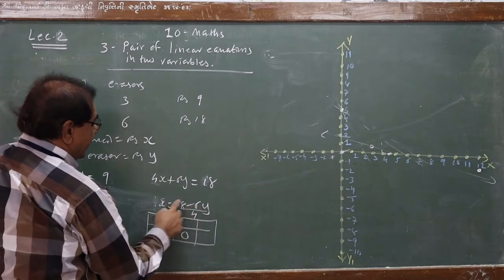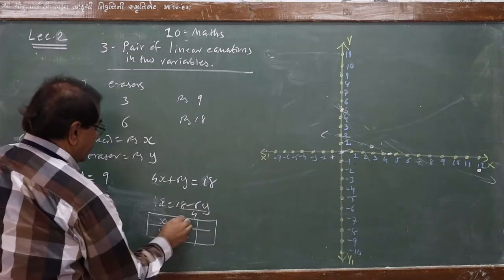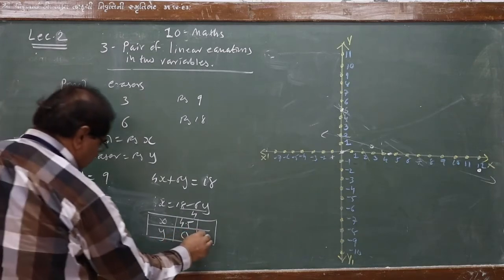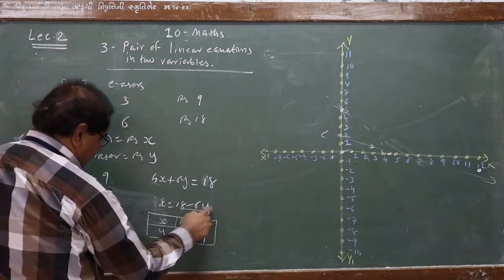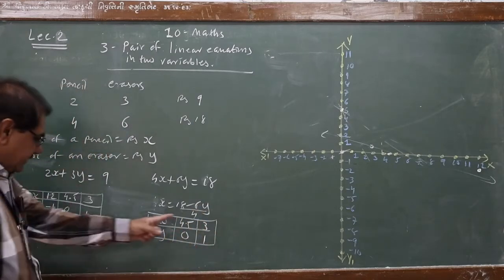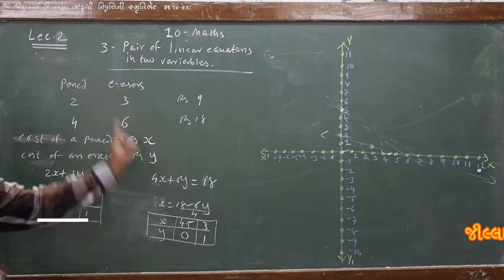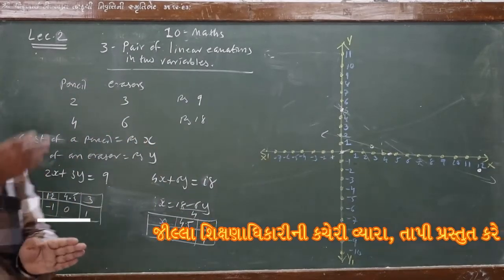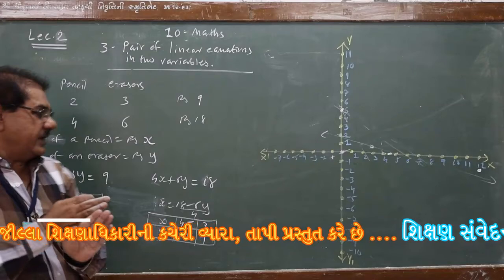So 18 upon 4 is again 4.5. Now y is equal to 1. 6 ones are 6. 18 minus 6 is 12. 12 upon 4 is 3. So see, the same points are given. That means both the lines are the same line. Means the lines are coincident on each other.